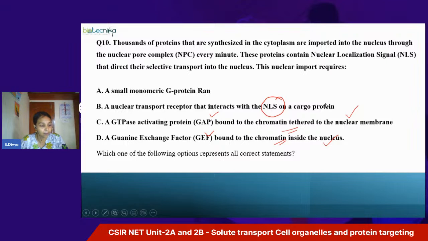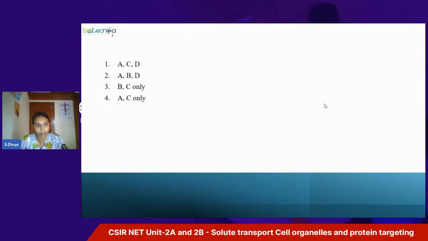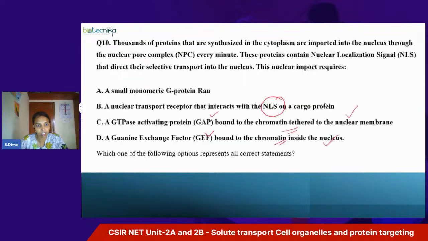ABD. Okay, let's check out the answer. The correct answer over here is ABD. A small monomeric G protein RAN, a nuclear transport receptor that interacts with NLS on a cargo protein, and a guanine exchange factor bound to the chromatin inside the nucleus.